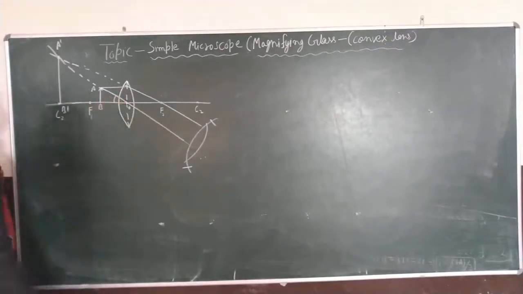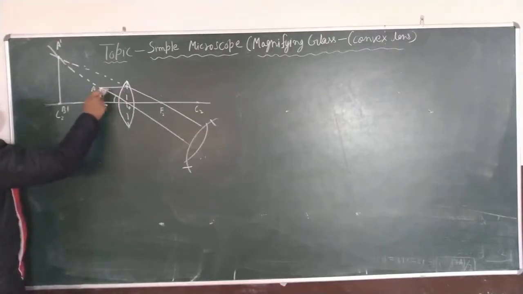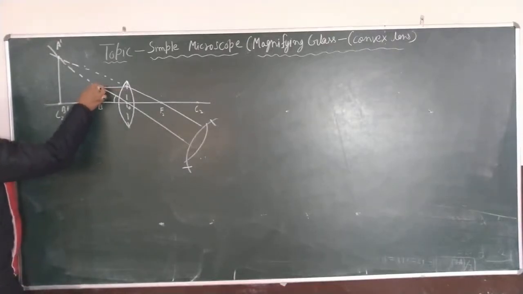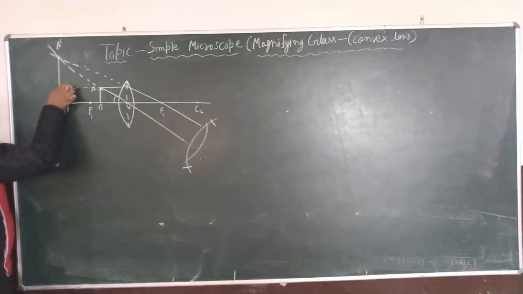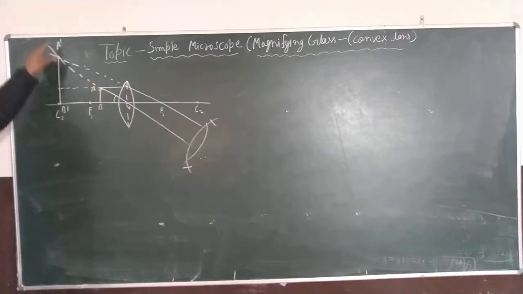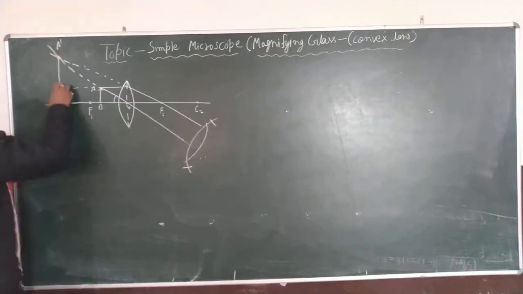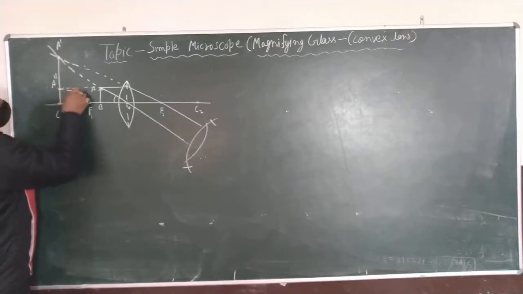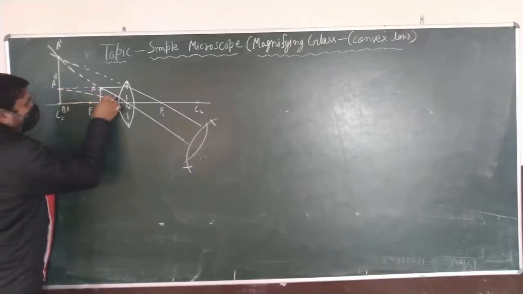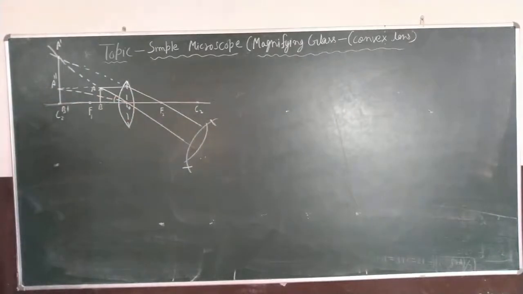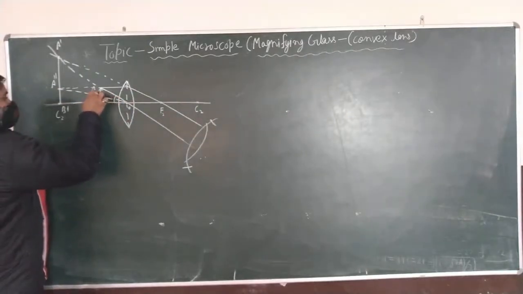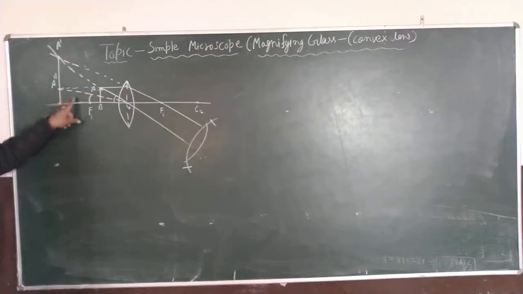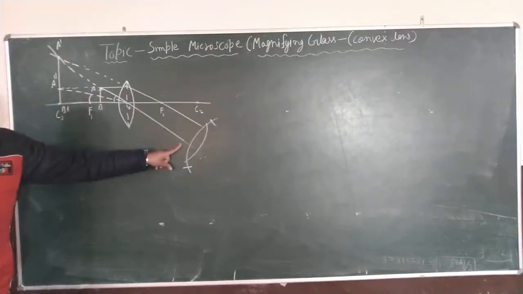One more thing: when the rays are drawn in the backward direction to the image, then we can shift the object to A double dash B dash. Is it clear? So, if we join this A double dash with the optical center, then this is the angle formed by the object on the eye.